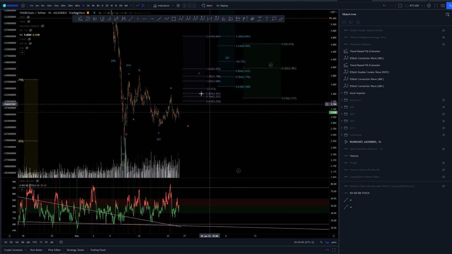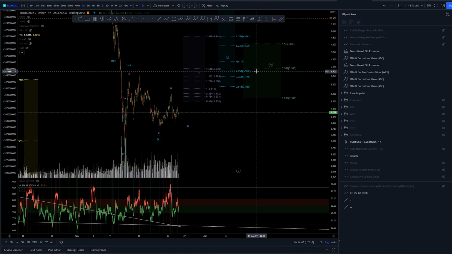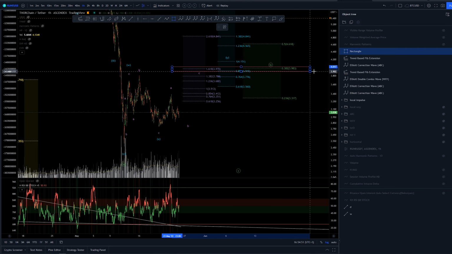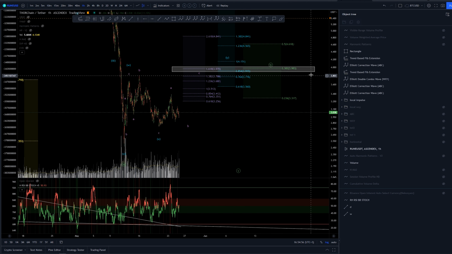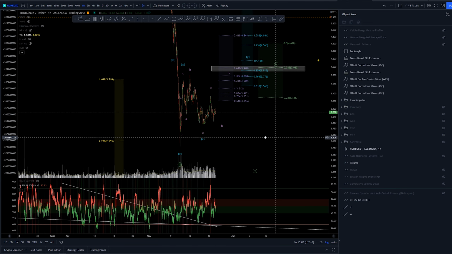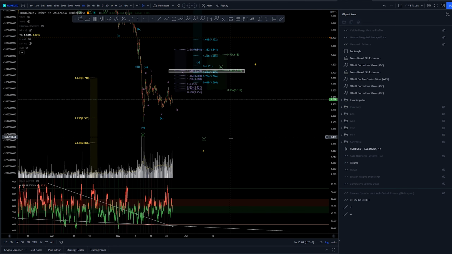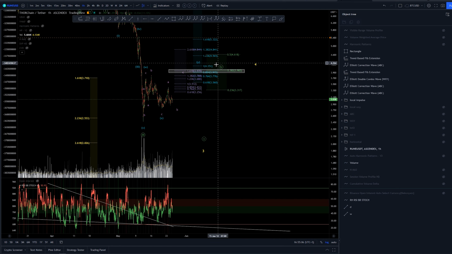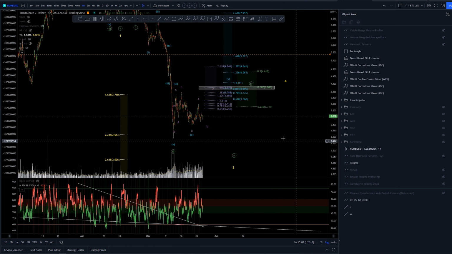Okay, there we go. So the C wave extended here, could be extending. We got some kind of confluence around these levels here, around just below $4. Yeah, I think that would be the target if I was to trade this downwards, looking at this in my count.